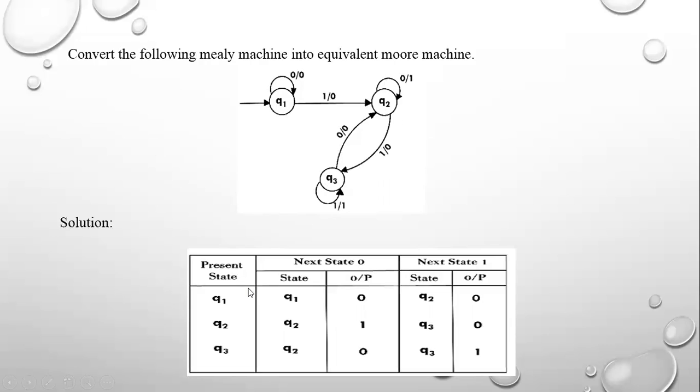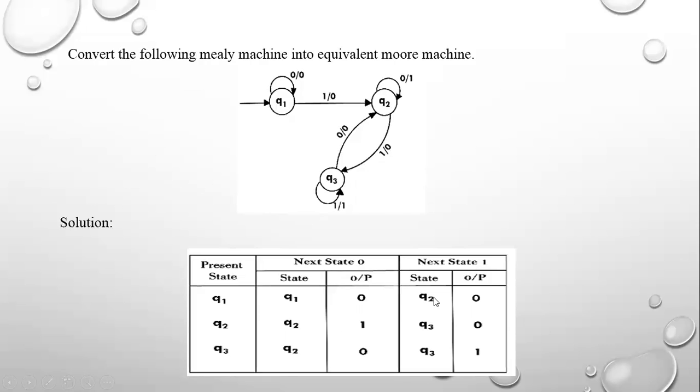But see this transition table. Q1 on input 0 reaches Q1, and the output is 0. So Q1 has only one output, that is 0. Now check Q2. Q2 on input 0 reaches Q2, and the output is 1.